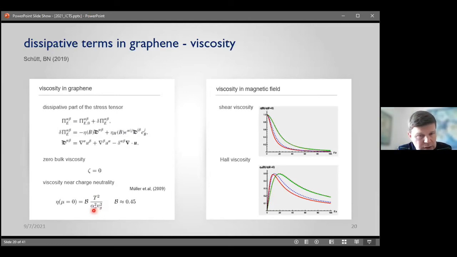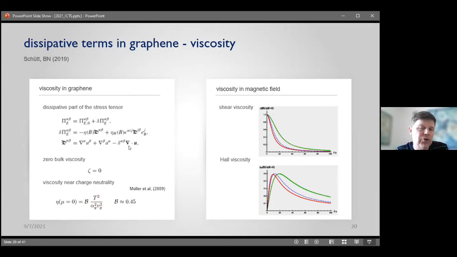And this is helped by the fact that this product of a coupling constant and the velocity of the Dirac fermions is actually not renormalized under this RG in graphene, and therefore this expression is expected to be valid at low enough temperatures.